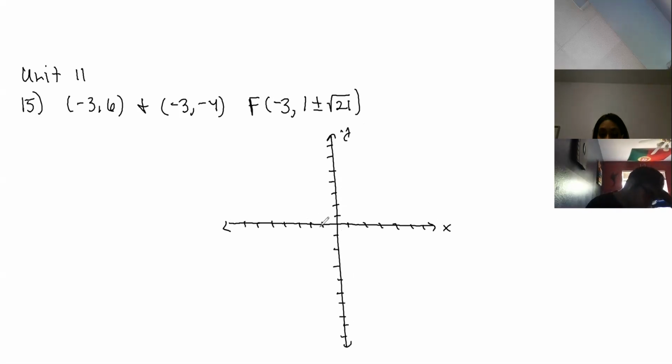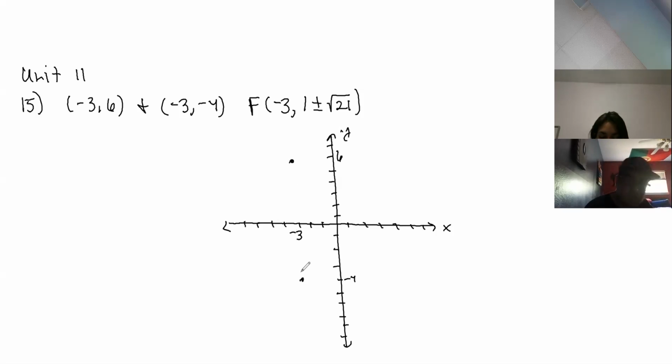All right, -3, 6. -3, -4. Okay. And then the foci are negative.